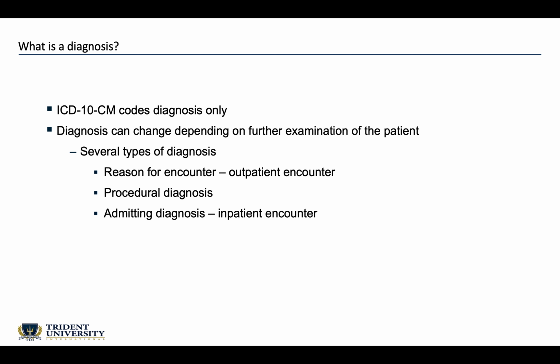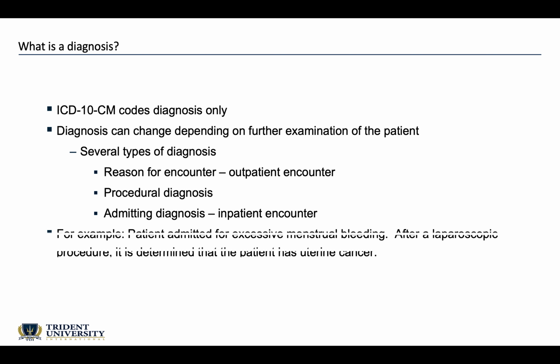For example, if you have an outpatient encounter, let's say going to a medical office, it's called the reason for the encounter, and that's the diagnosis. Procedural diagnosis, you'll find this on the operative report. And admitting diagnosis, this is the reason why the patient was admitted to the hospital. So there can be several different types, and depending on the encounter type, that's what we call it.